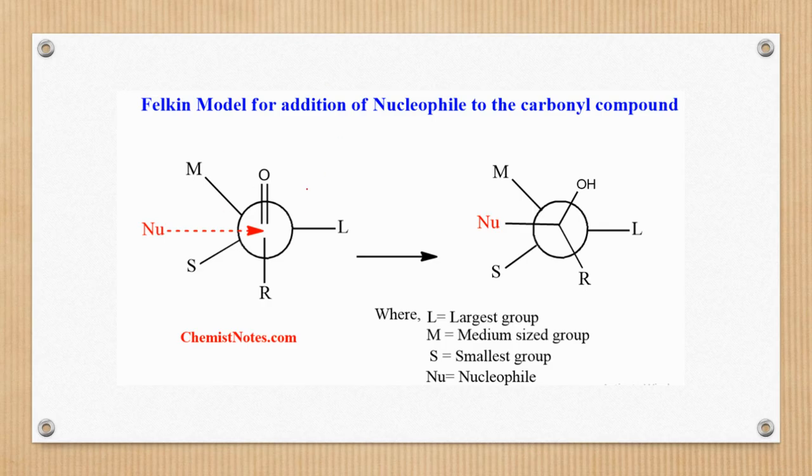First of all, you have to arrange your carbonyl group and the small, medium, and large groups present at the alpha center according to the Newman projection. Here there is a front carbon, the carbonyl carbon, and the second carbon, the alpha position carbon.